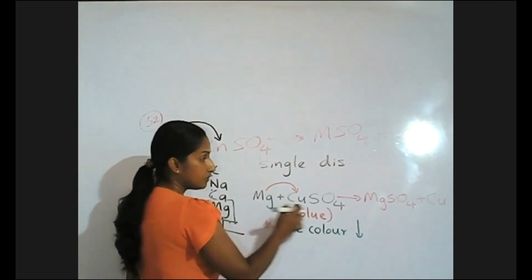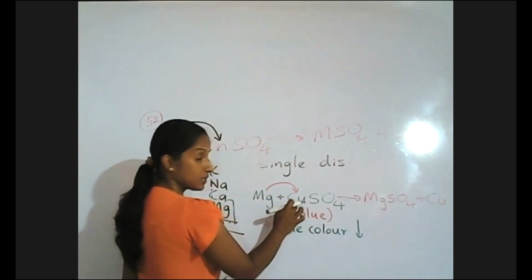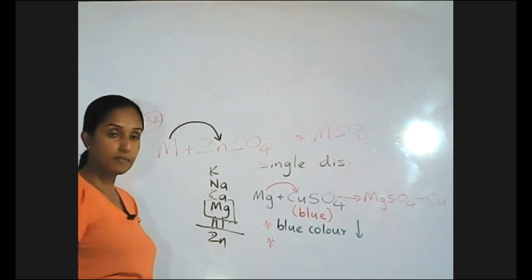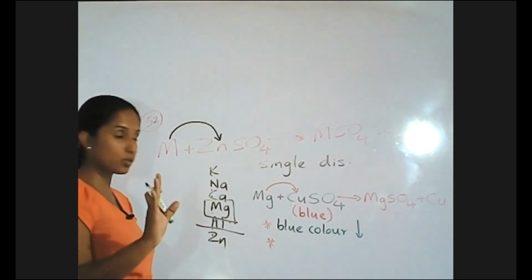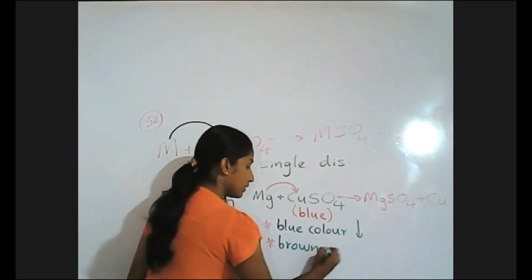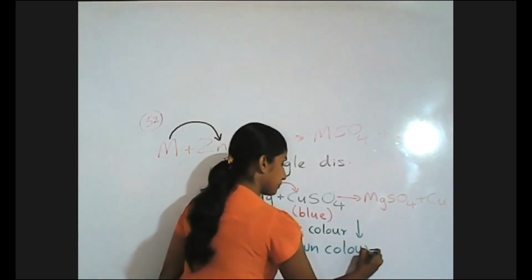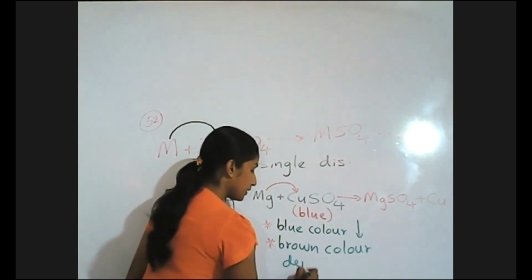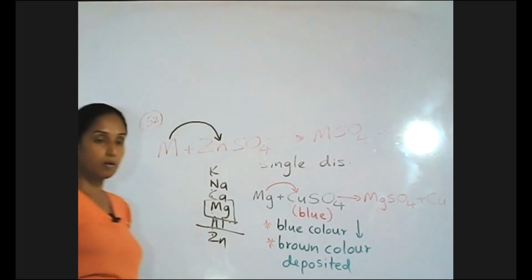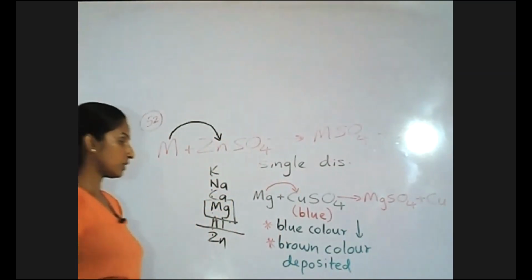Then what is the other one? The displaced copper deposits at the bottom. Can we write copper for the observations? No, we can only write brown color powder deposited.